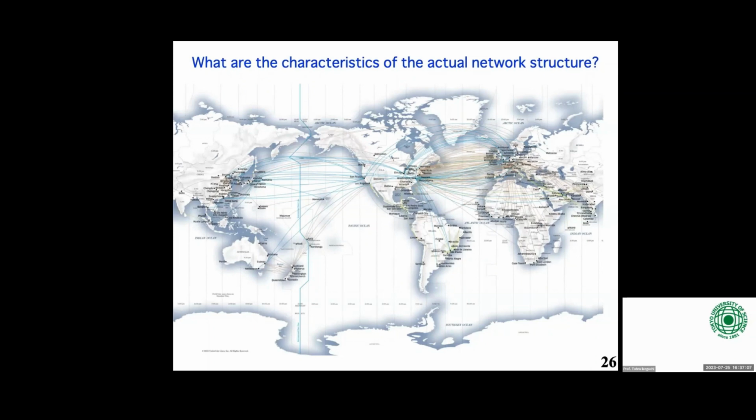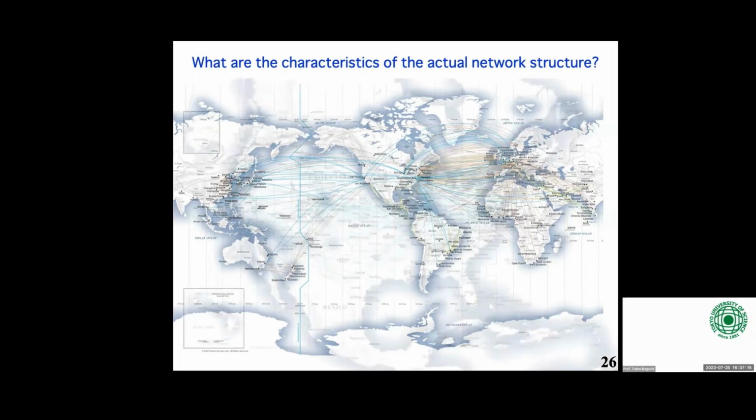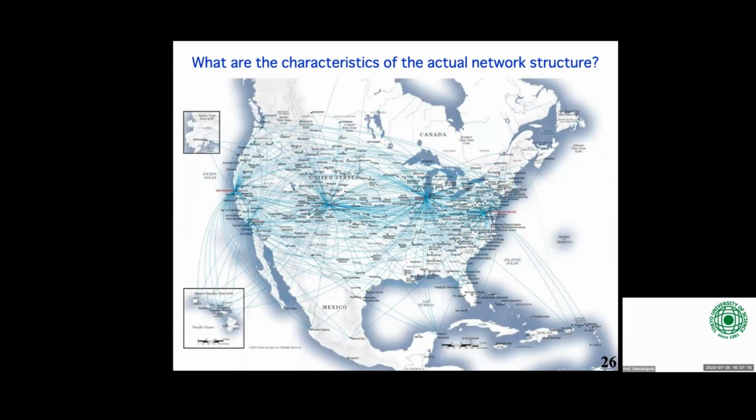In this figure, we can see so-called hub airports, or airports which have many airline routes. You can see hub airports on the west coast, in the middle of the mainland, and on the east coast.